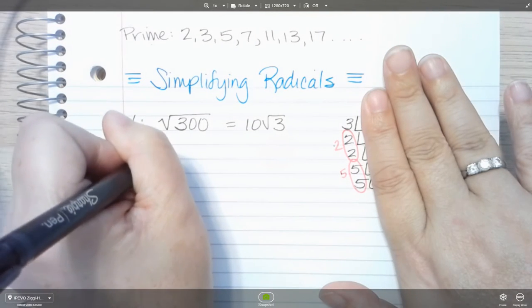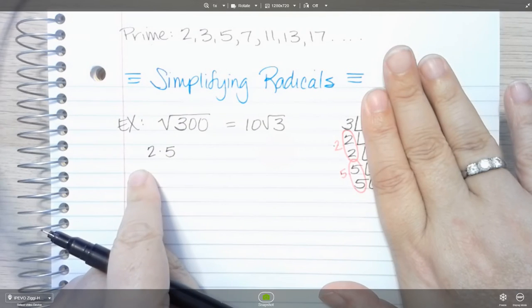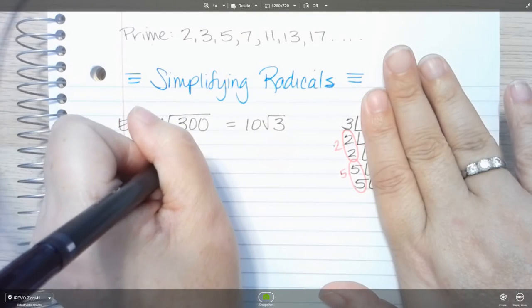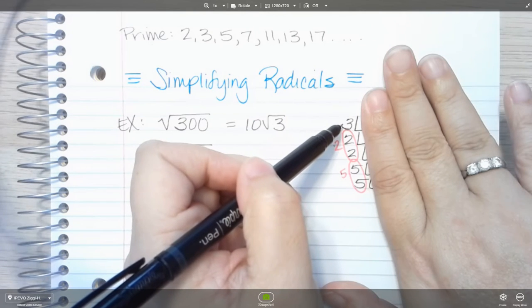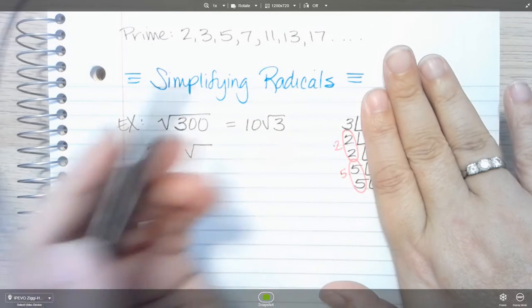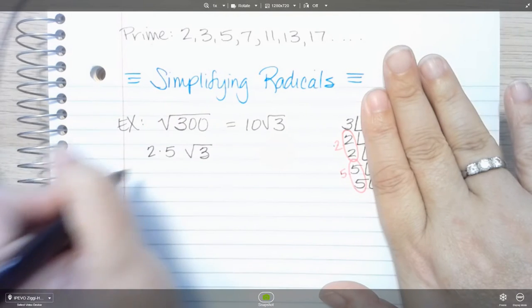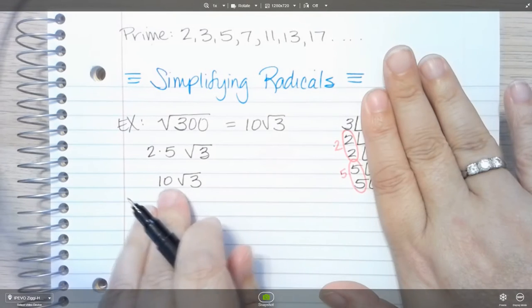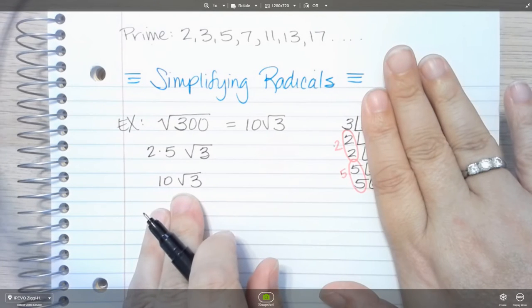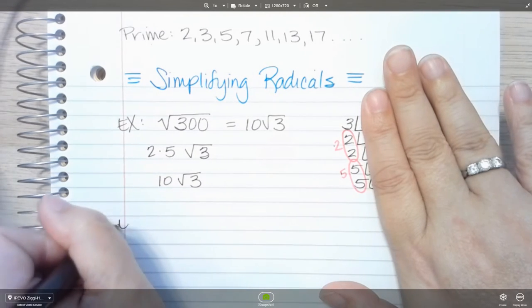So 2 times 5, that's what's on the outside. And then on the inside, they're going to put all the numbers they didn't circle. Well, the only number I didn't circle was 3. So 2 times 5 is 10, square root of 3. And I got the same answer. Okay? All right, let me try again.